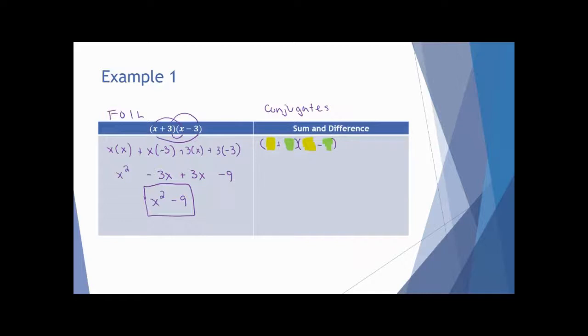So when you multiply these, what happens is you always end up with a squared term. I'm going to continue my use of colors here. Whatever you have in the first part is always squared, and then you always end up with whatever is in the last part squared, and you always have a difference between them. They're always subtracted.